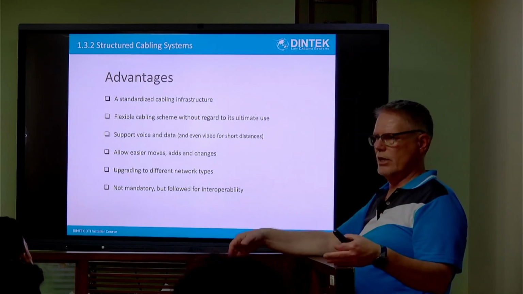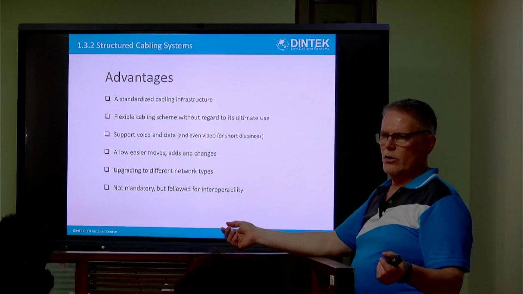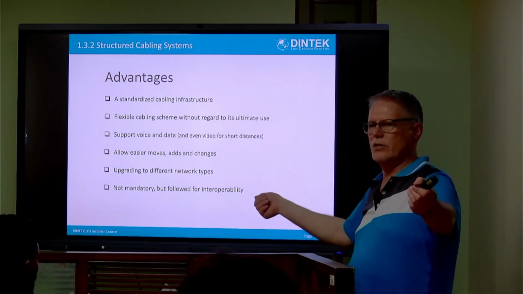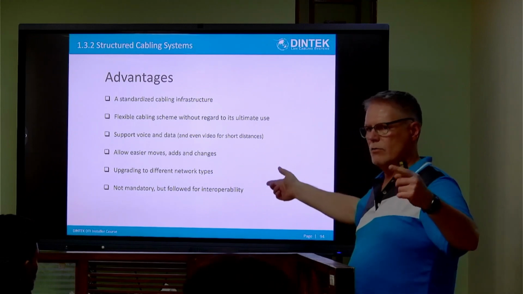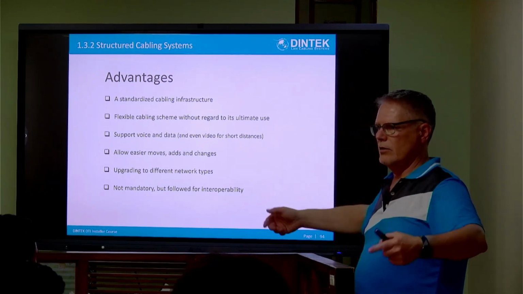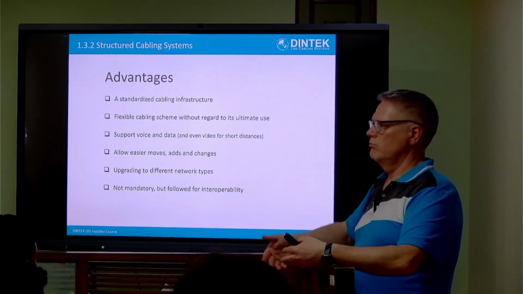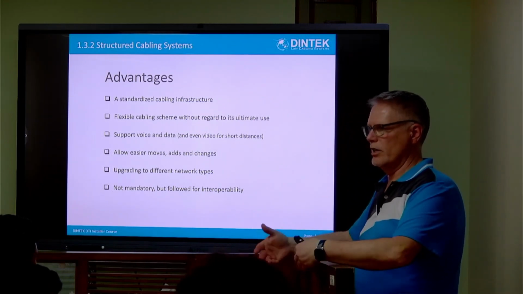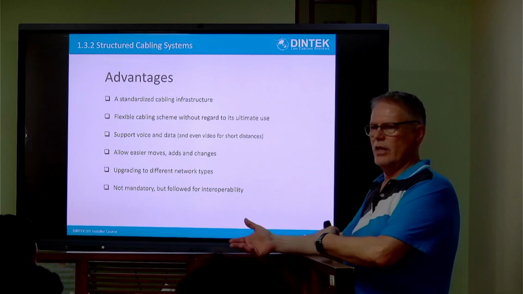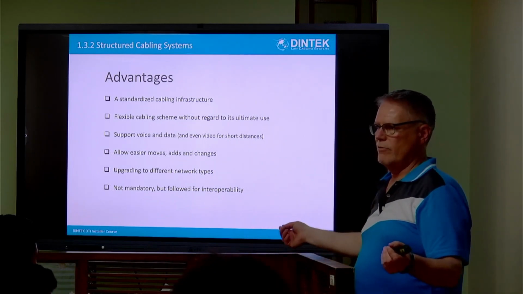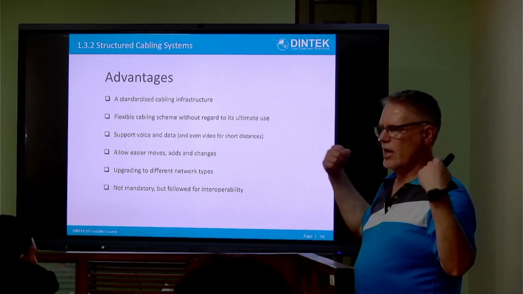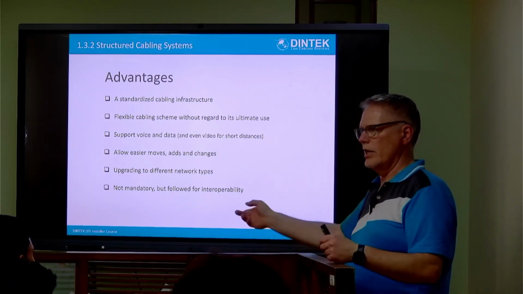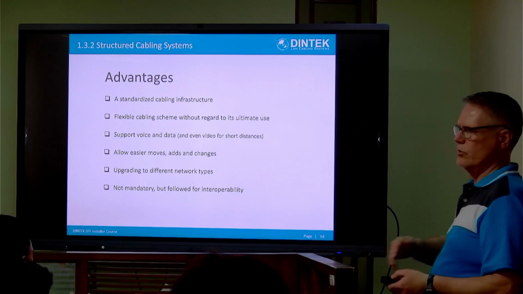So if it was an AS400 system, they could put in twisted pair cable in the structured cabling system, put baluns on at each end, keep running the old service, and then back then, let's say Windows NT, the original version, comes out, that was using Ethernet. So all they have to do is take the baluns out, put in patch cords, and connect up to network cards, and they can use the same cable because it was standardized.